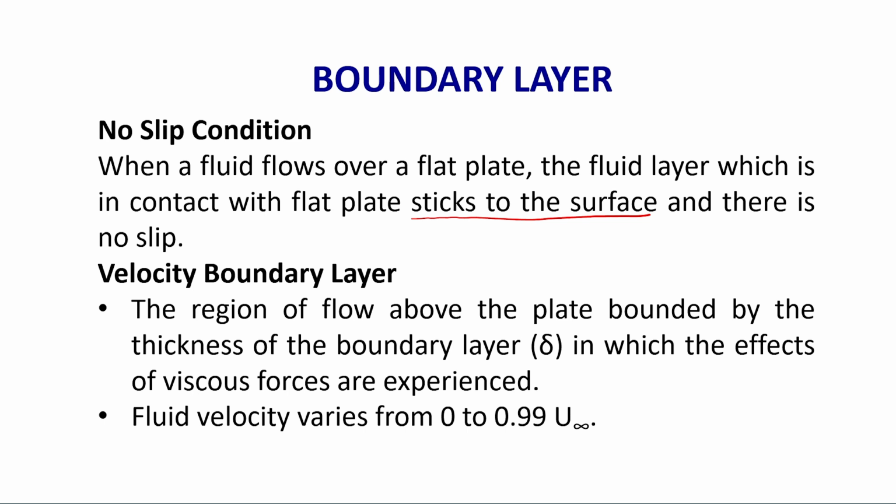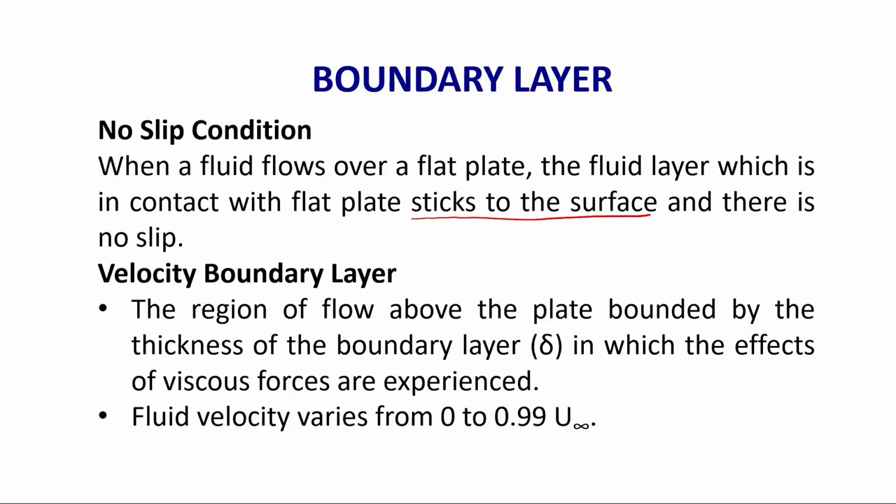That portion is called the velocity boundary layer, and the fluid velocity varies from 0, at the point of contact on the surface, which is the no slip condition, up to a certain distance in the direction normal to the flow. So the velocity varies from 0 to almost free stream velocity. It is 99% of the free stream velocity, which can be taken as 100%.